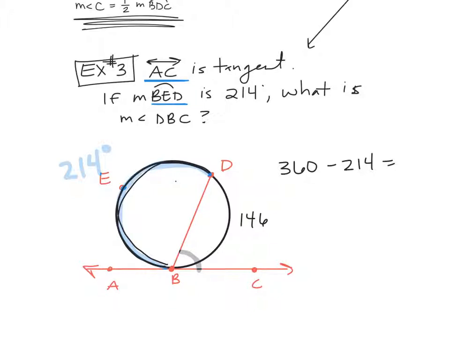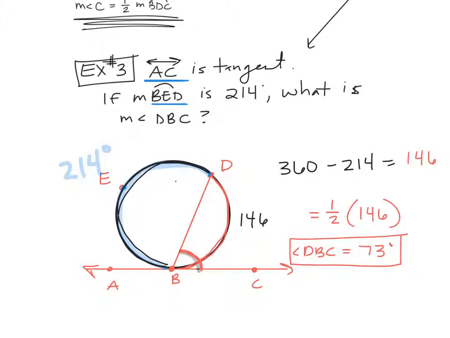And then what do we have to do to that? You got to cut it in half. This arc here is twice the angle, right? So you would take half of 146. So angle DBC would be 73 degrees.